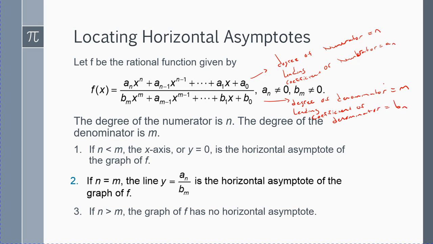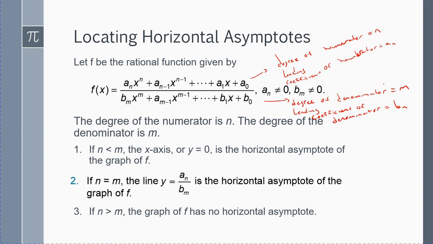So here's what you do. You compare the degree of the numerator to the degree of the denominator. If n is less than m, so the degree of the numerator is less than the degree of the denominator, the x-axis, or y is equal to 0, is the horizontal asymptote of the graph. And don't worry, I have an example of each of these.